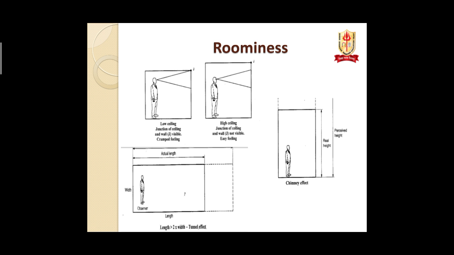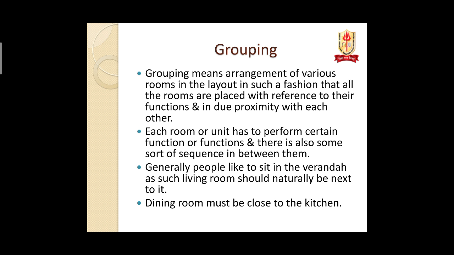If the length is more than the width, more than 2:1, then obviously you will feel like you are in a tunnel. So we have to consider that the three dimensions of the room, width, length and height, should be in proportion so that we feel like we are sitting in a comfortable room. So it is another type of principle of planning.